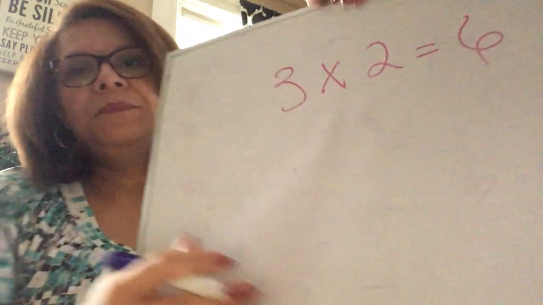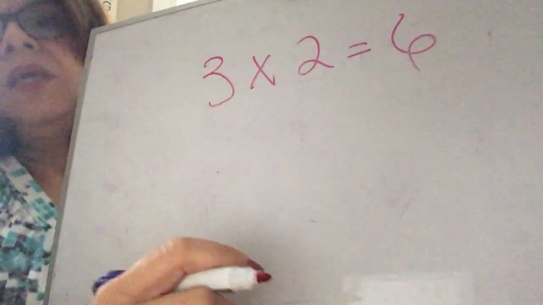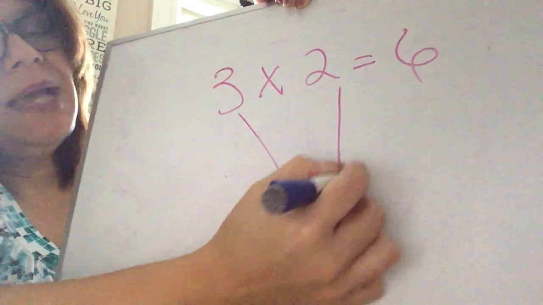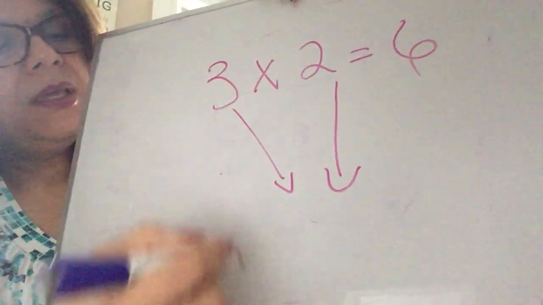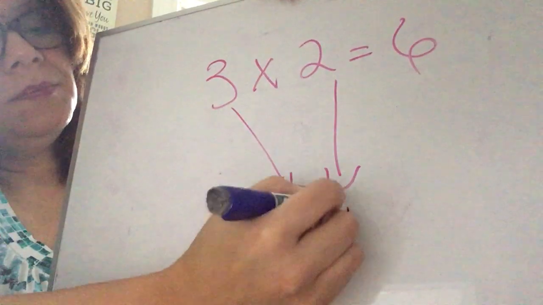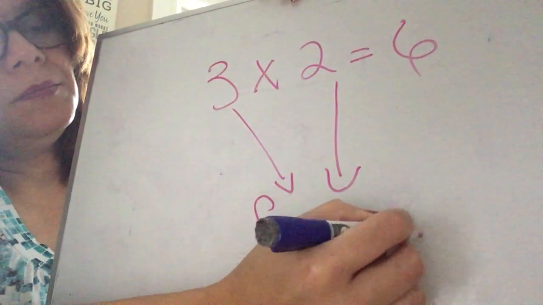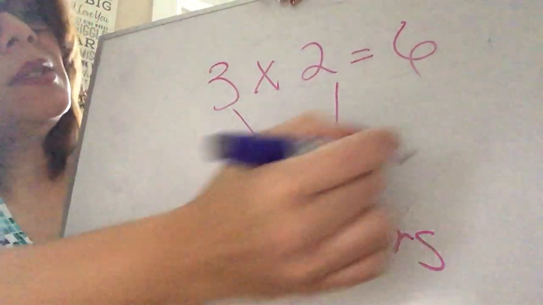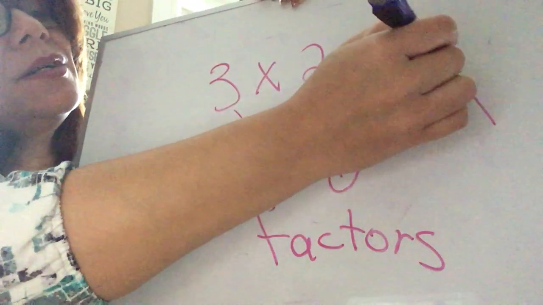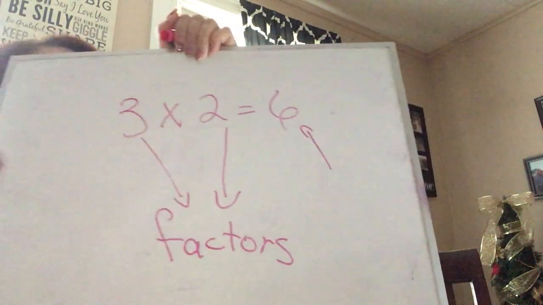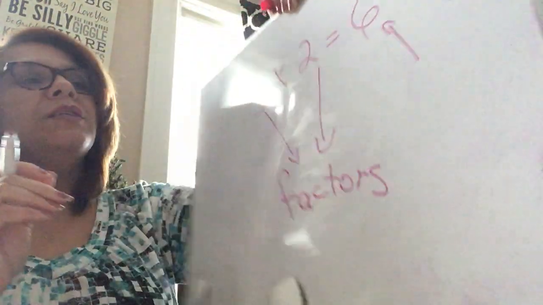The 2 numbers that you multiply, they have a very special name. They're called factors. Okay? The answer in a multiplication is called product.